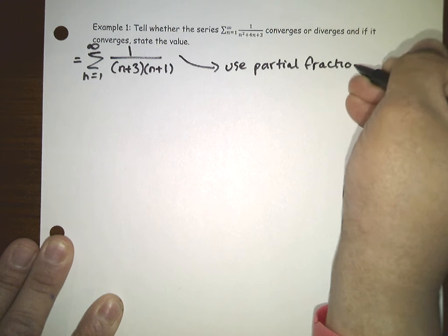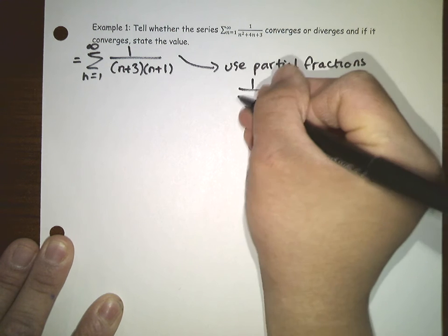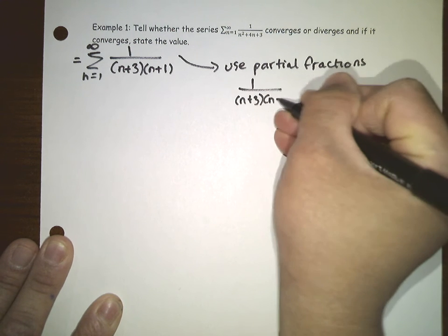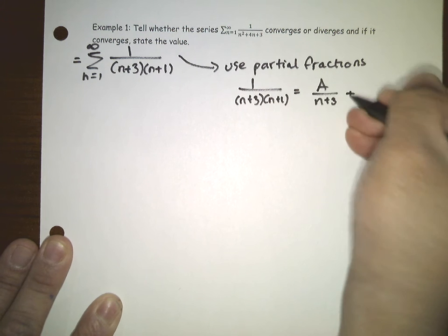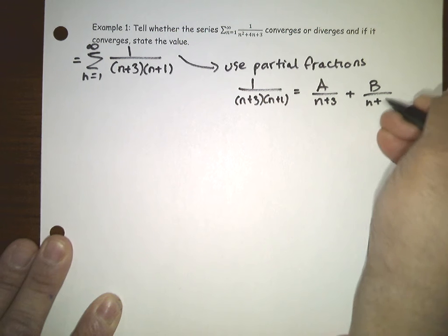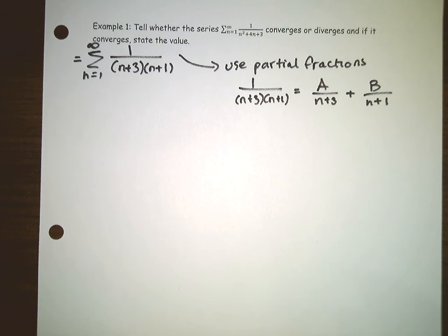So I'm going to rewrite this as 1 over n plus 3 times n plus 1 is A over n plus 3 plus B over n plus 1. And then I'll use the basic equation method.